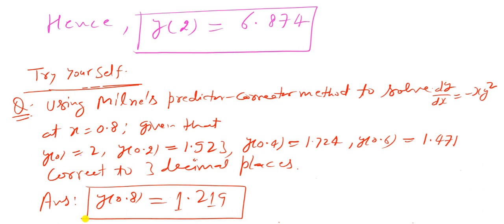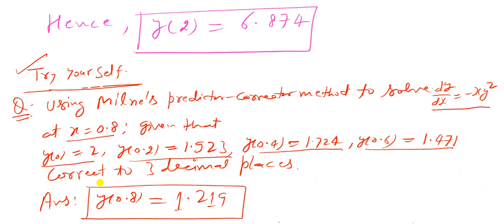Now one question, try yourself using Milne's predictor corrector method to solve the initial value problem dy by dx is equal to minus x y square at x is equal to 0.8. Given that y0 is equal to 2, y0.2 is equal to 1.923, y0.4 is equal to 1.724, y0.6 is equal to 1.471, correct to 3 decimal places.